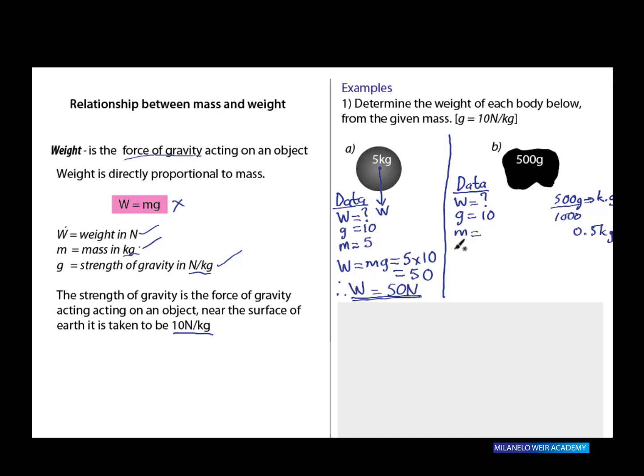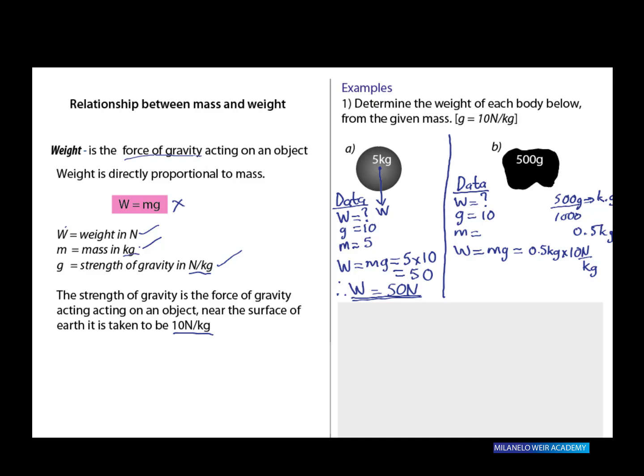Right, from that, weight is equal to mg. So it is equal to mg is equal to, I'm going to include the units, 0.5 kg times 10 Newton per kg, right?